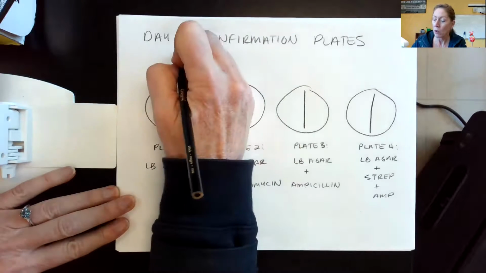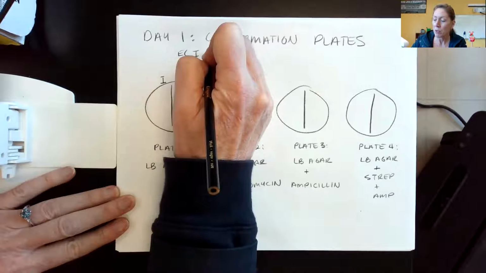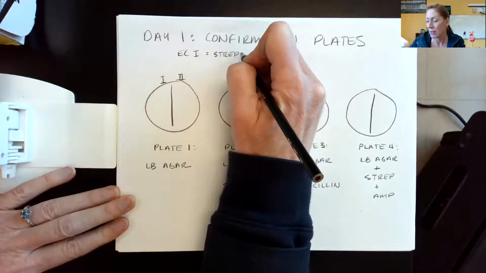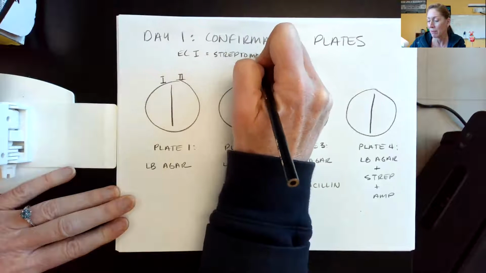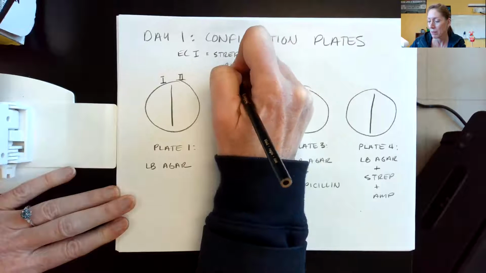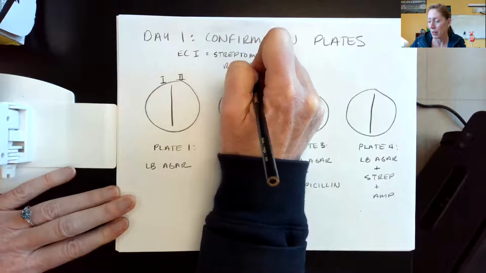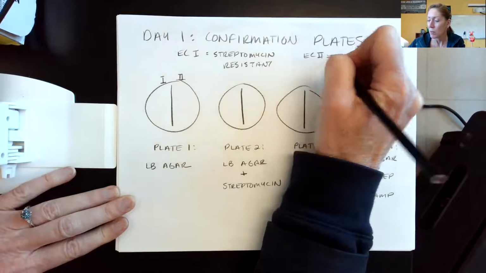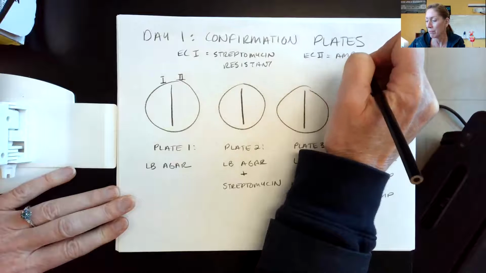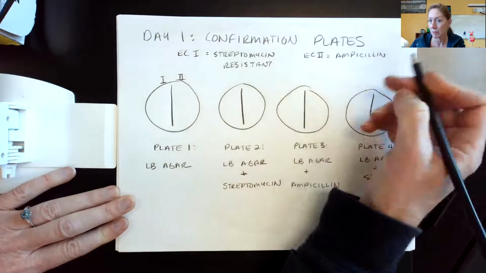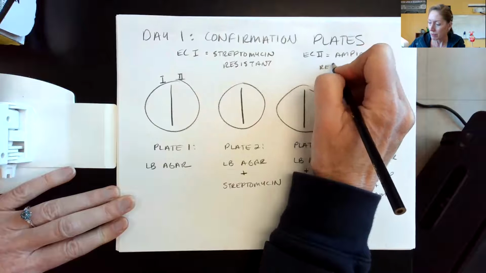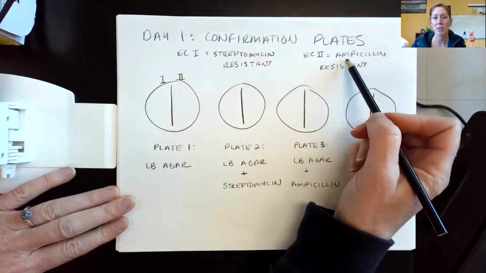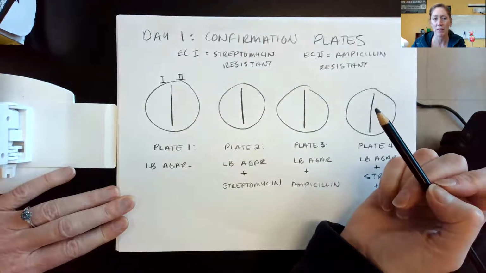Now remember, E. coli 1 is supposed to be streptomycin resistant, and that's located on the chromosomal DNA. And remember that E. coli 2 is supposed to be ampicillin resistant. And that gene for ampicillin resistance is supposed to be on the plasmid in this bacteria cell.